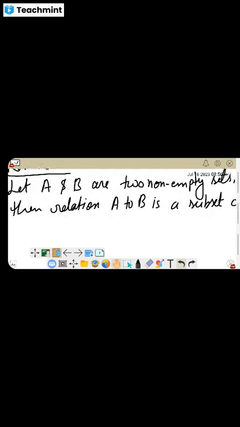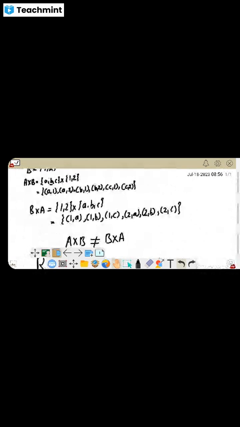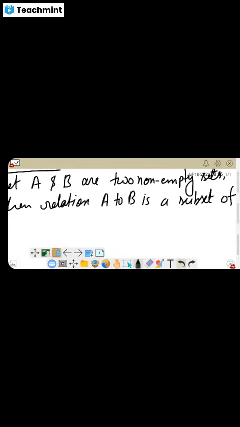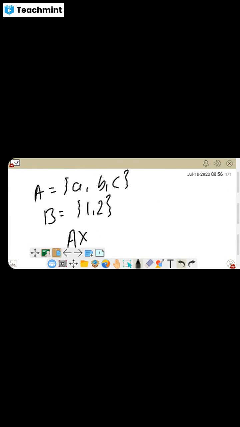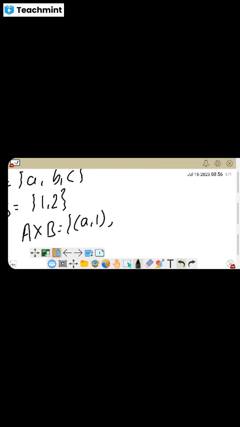As we have done this example here, let us understand this. We have A as A, B, C, and B as 1, 2, and A cross B is equal to A with 1 and 2, and so on.